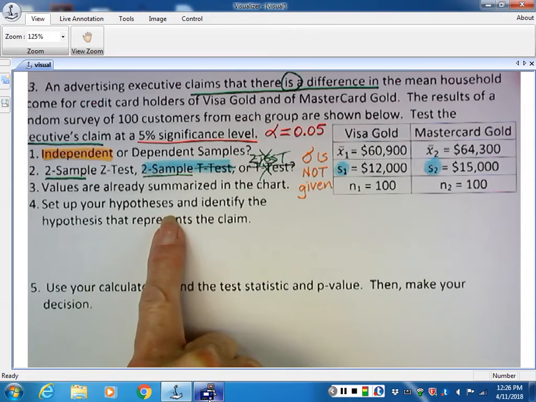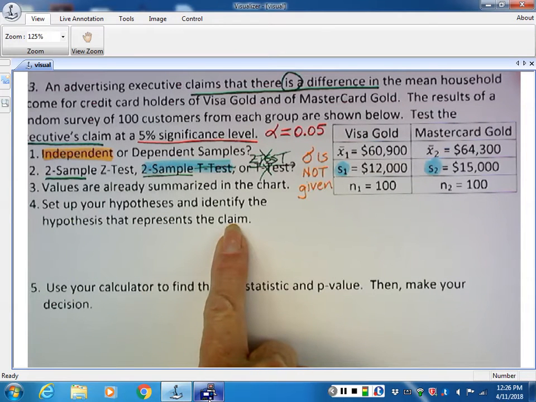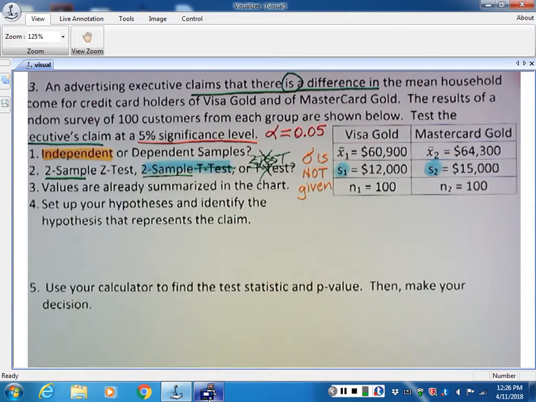We need to set up our hypotheses and make sure we've identified the claim. Which one is the claim?